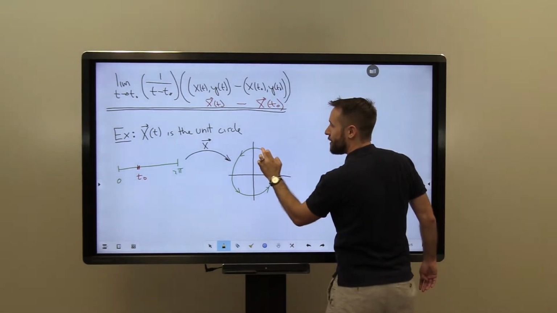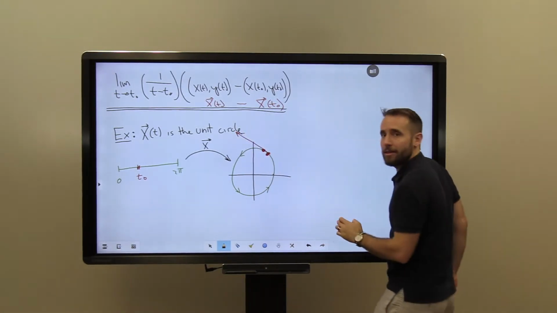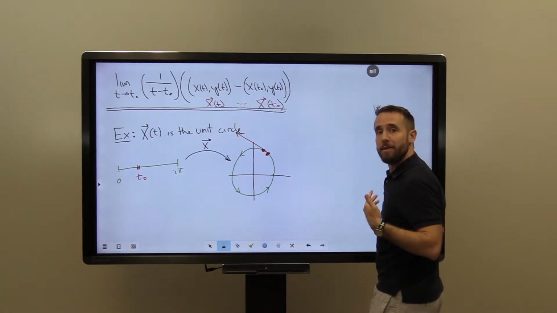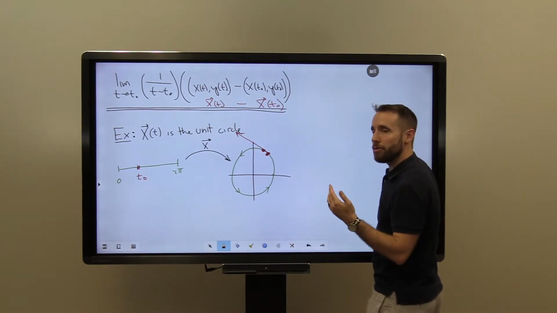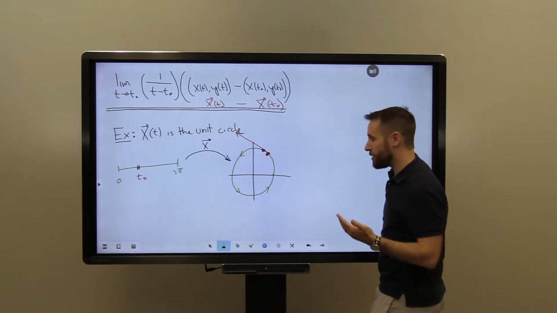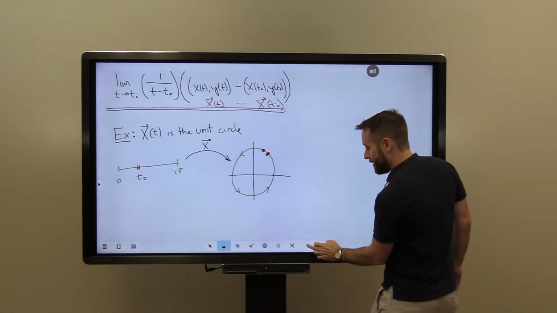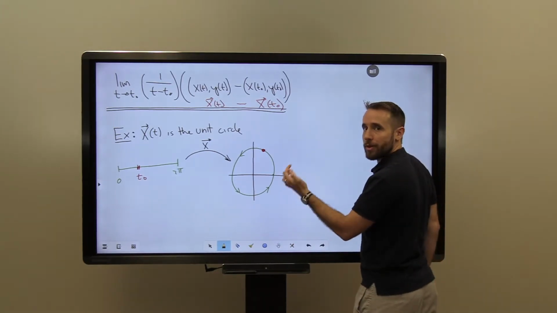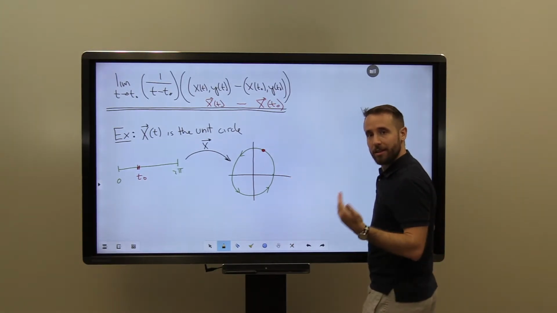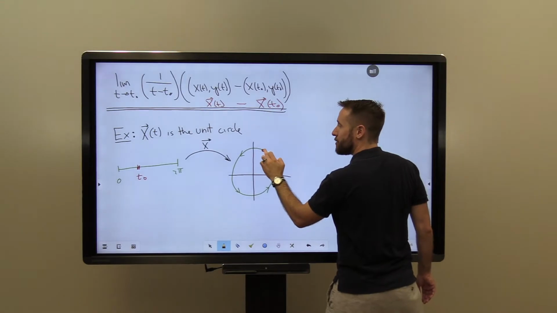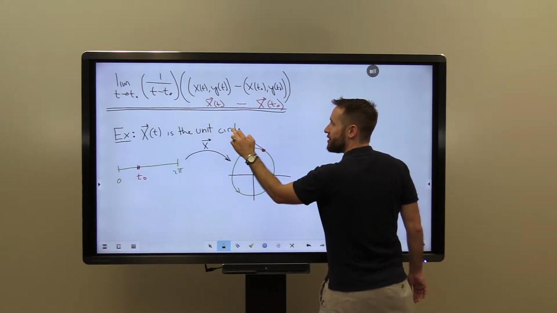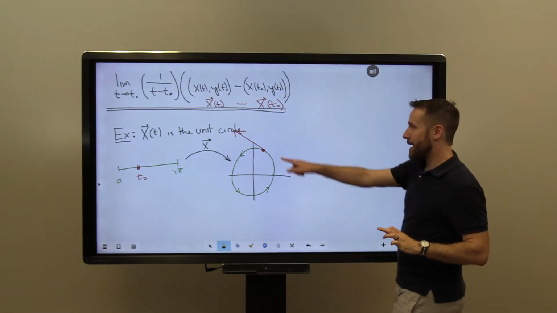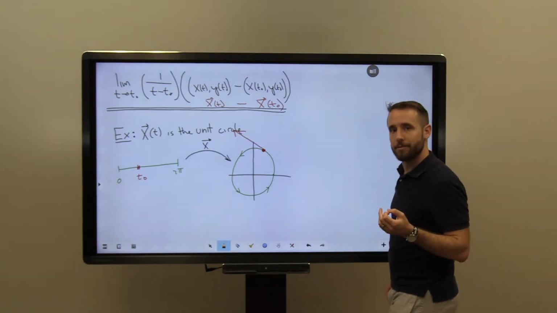So I'd end up with perhaps this as my vector. And if I construct a limit of these, as my t values get closer and closer to t naught, then these expressions will get closer and closer to the limiting value, which will actually be a tangent vector of a certain length at the point t naught.